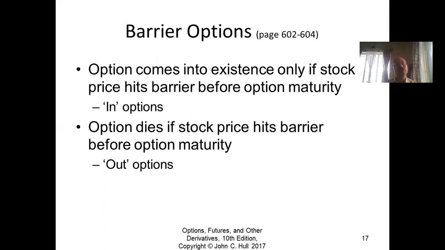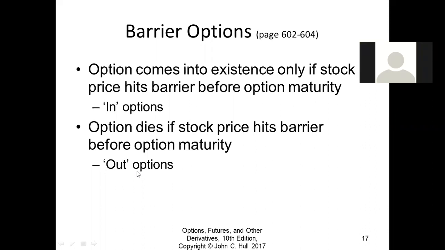So you can think of this in two possible scenarios. An option will switch on when you hit the barrier, or an option will die if you hit the barrier. So if you switch it on, then they are called in options, and if they die, they are called out options. So barrier options can be of the type in or type out.